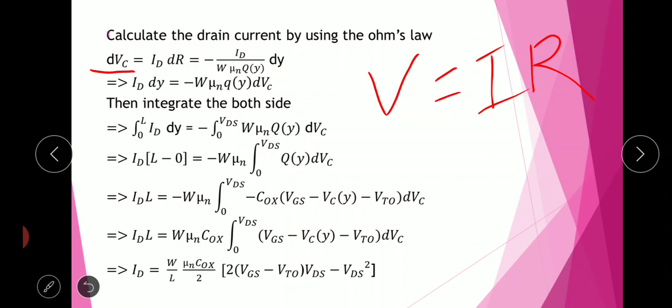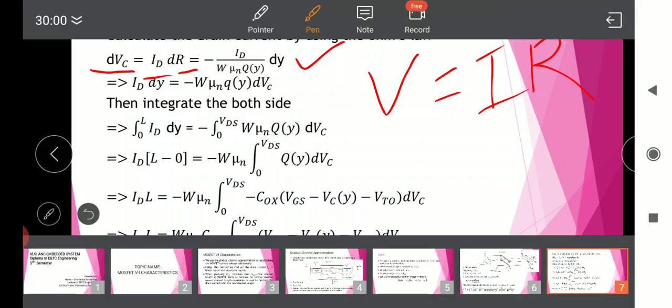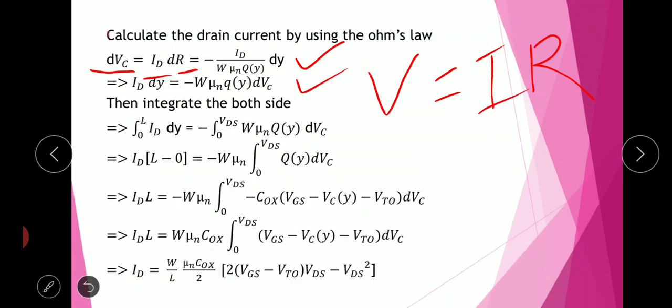Then current is drain current, so ID, and resistance is the incremental resistance, so dR. We have the value of dR, so we substitute this value and get this equation. Then we just take the value, that is w mu n q of y, to the other side. So the equation is like this.